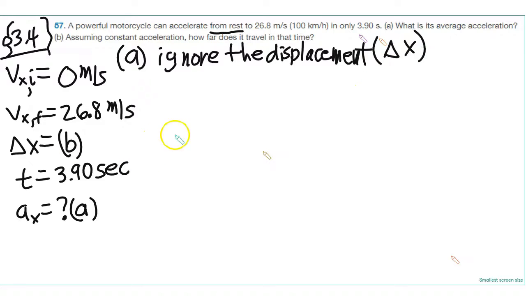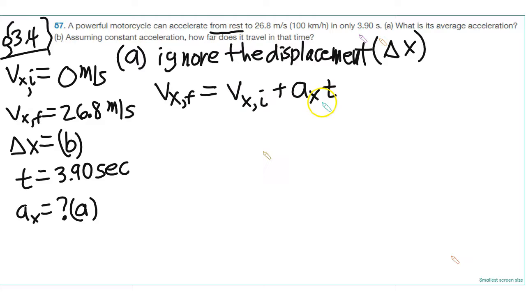So we take the equation that ignores displacement, and that, I think, should be the definition of acceleration. So that's going to be Vx final equals Vx initial plus Ax times t. Now, if we rearrange this equation for A, we can reconstruct the definition of acceleration.